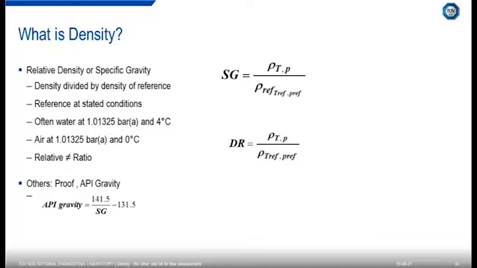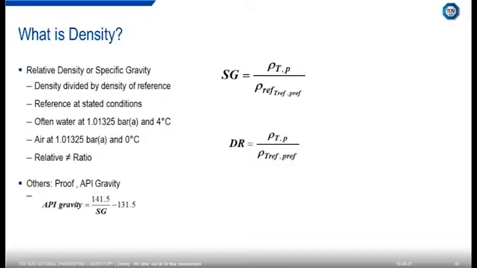And it's important to note that a relative density is not a density ratio. A density ratio is the ratio of the density of the fluid you're interested in at a given temperature and pressure to the density of the same fluid at defined reference temperature and pressure conditions. There are other types of densities around.